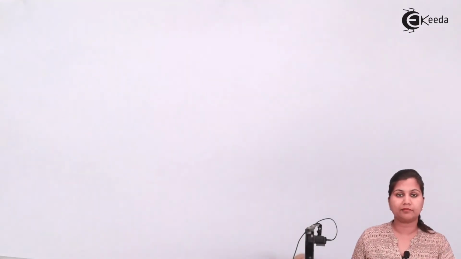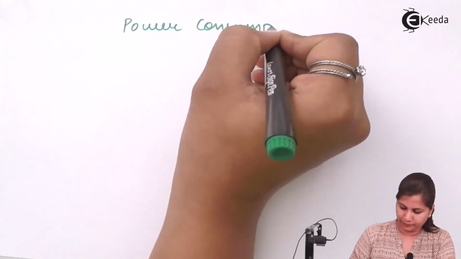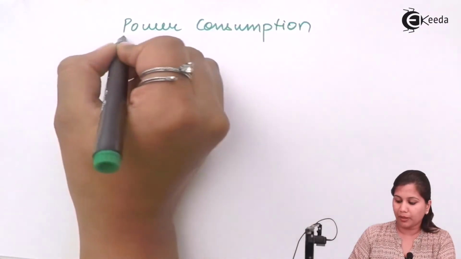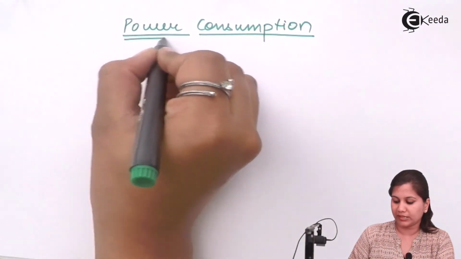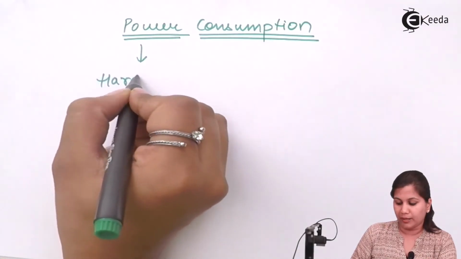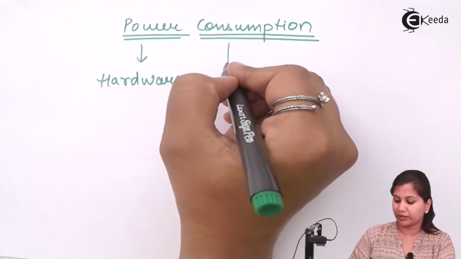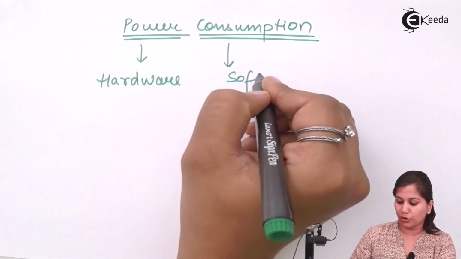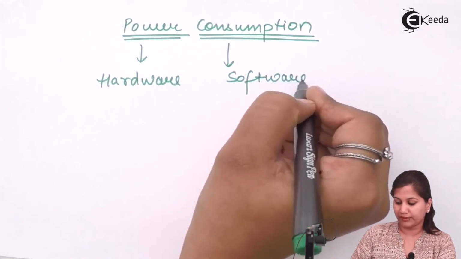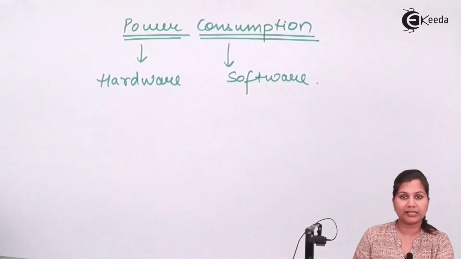After that, the next trend in embedded systems is power consumption. Whenever we talk about power consumption, we see that it is related to the hardware part. But power consumption is not only related to the hardware, it is also related to the software, that is, how the software is implemented, how it is running, and how much time it is taking.